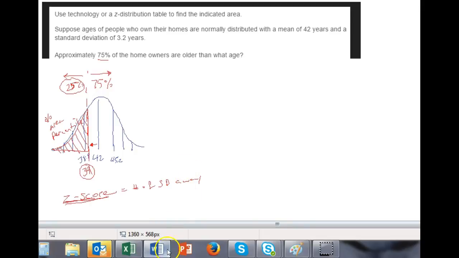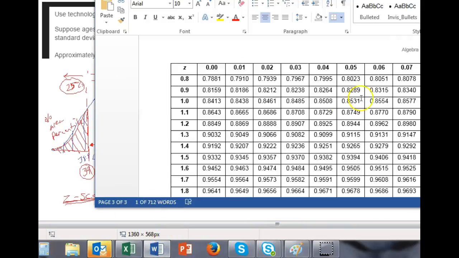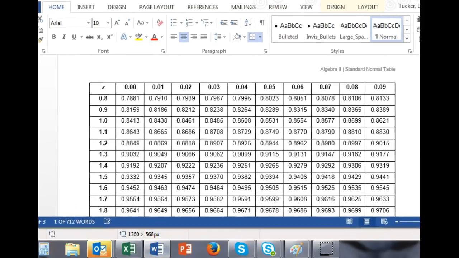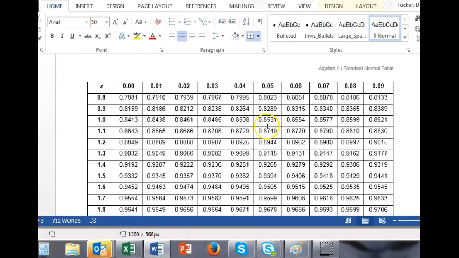So let's pull up our chart. Woohoo, there it is. Hopefully you can see this. We have a column on the left, the z-score column, and the row on the top is the hundredths place. So we can calculate z-scores to the hundredths place using this chart. It's a pretty involved chart. We're looking for 25%.